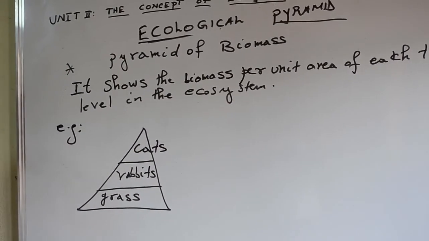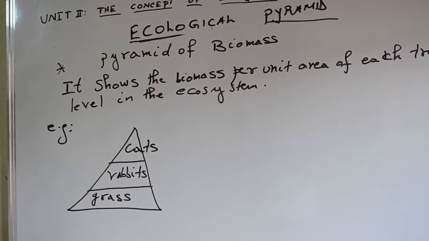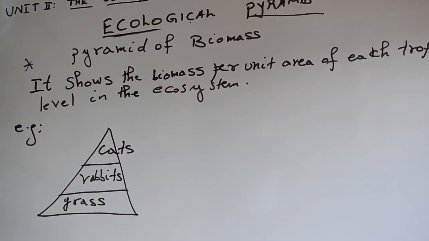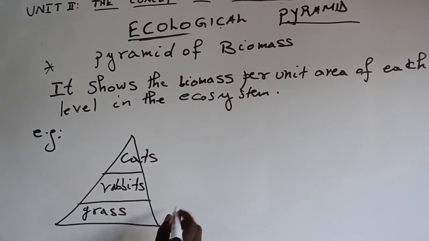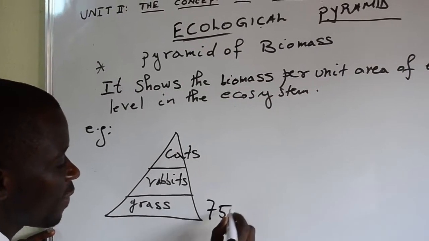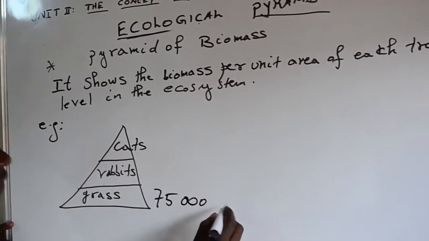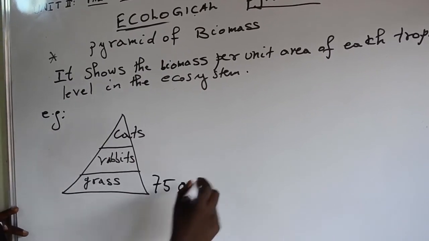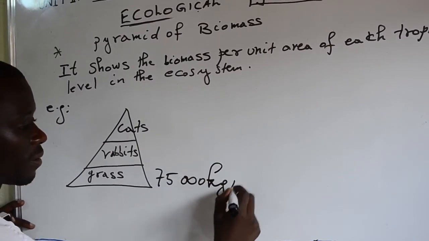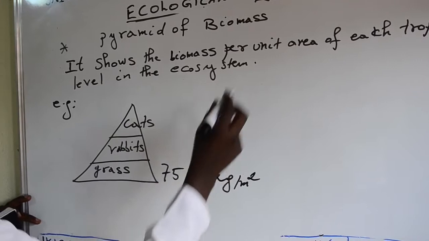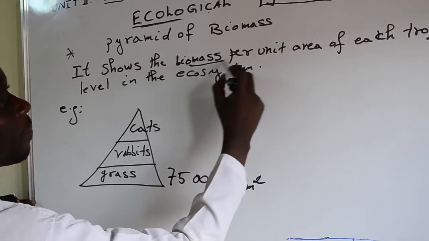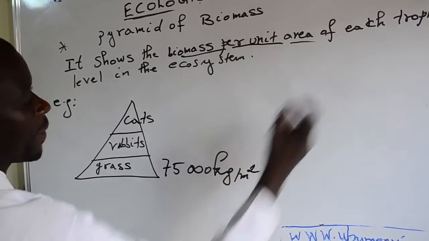For the grass, we will not state the number, but we will state their biomass, which can be like 75,000 kilogram per meter square. Because we said it's a biomass per unit area.